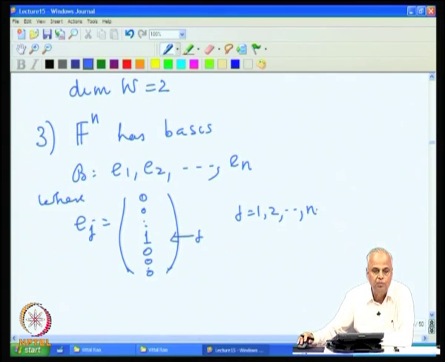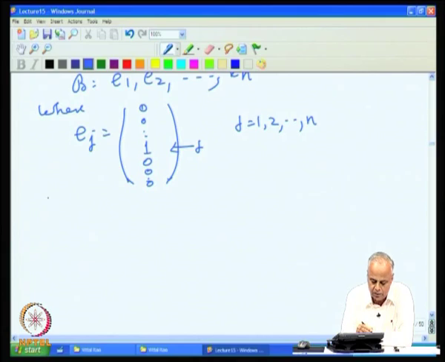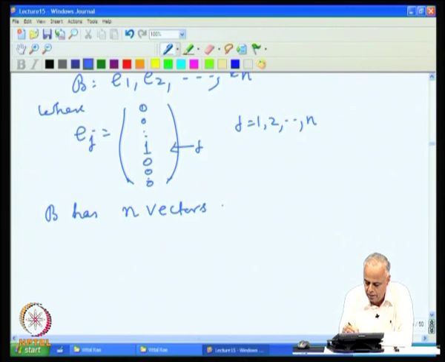This is the basis for Fn, and since B has n vectors in it, the dimension of Fn is n.